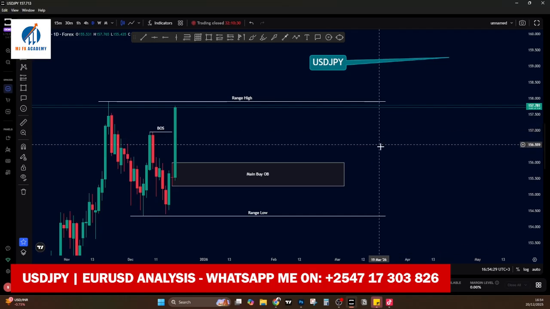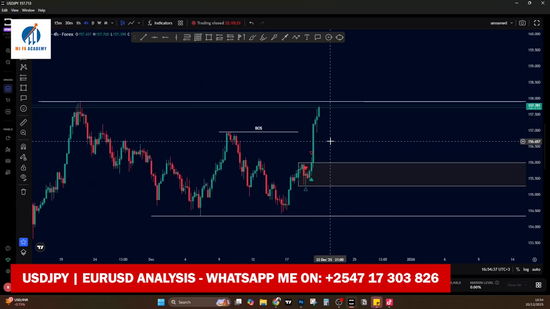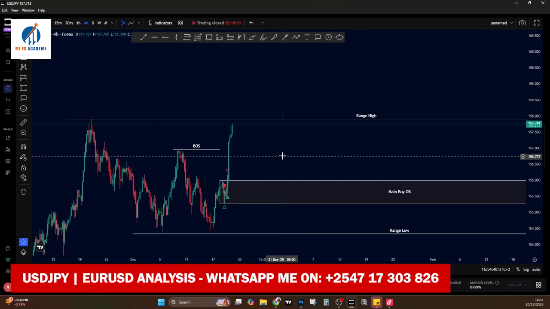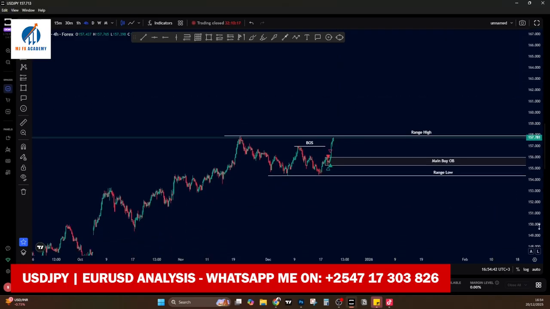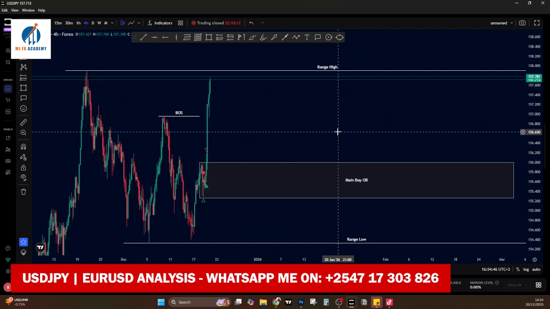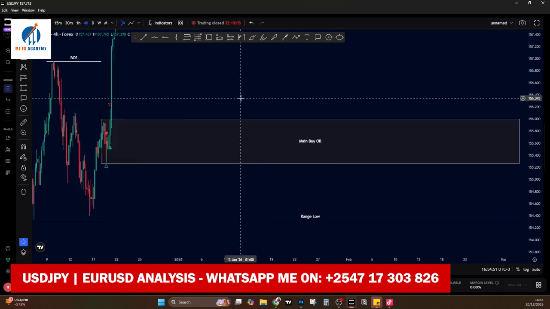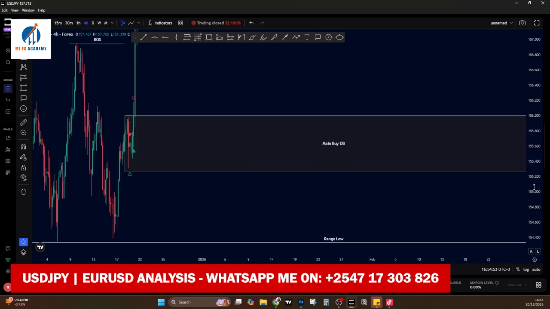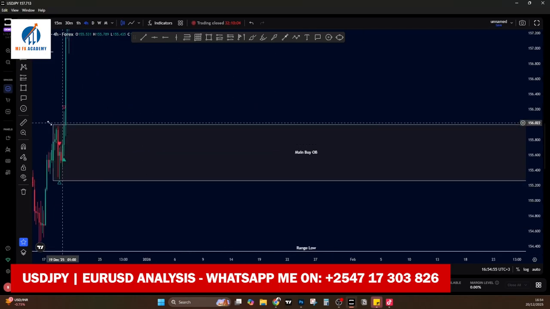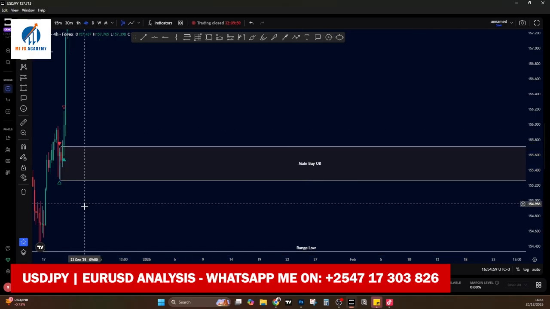So what do we do? We go to the 4 hours and start marking our obstacles. All right, and now in the 4 hours we can also try to refine. We can try to refine this to this order block here.